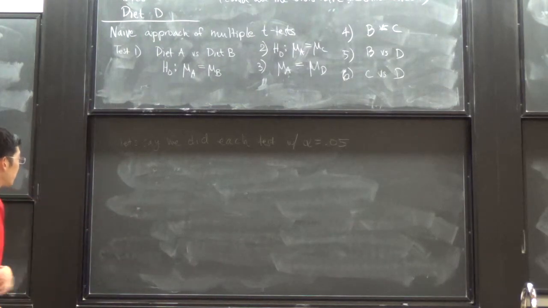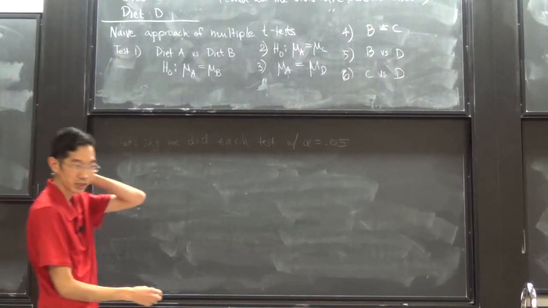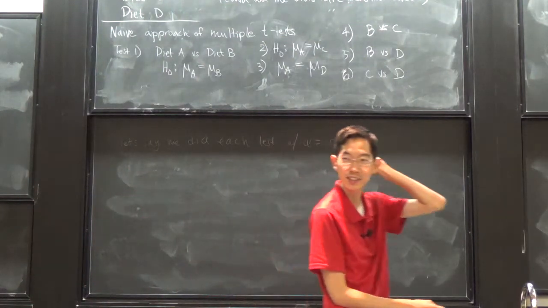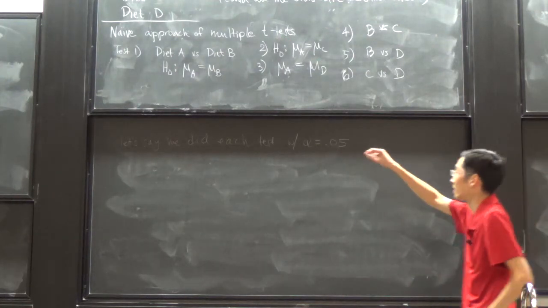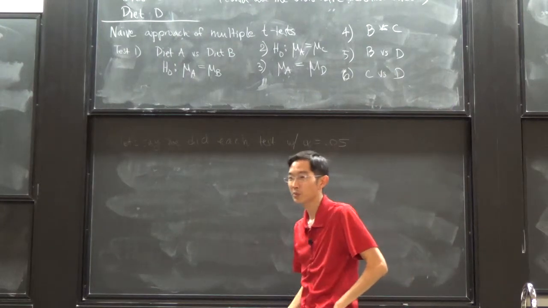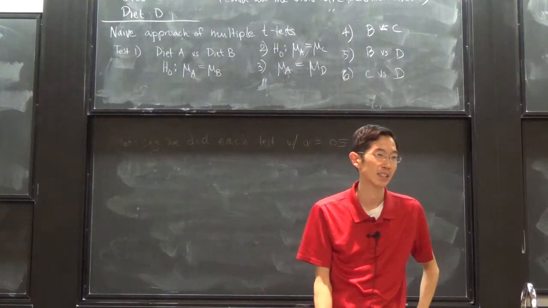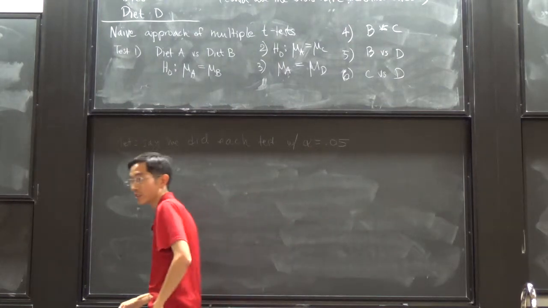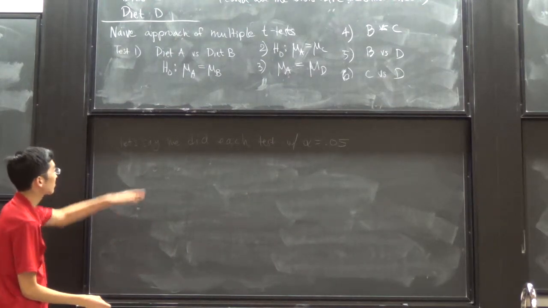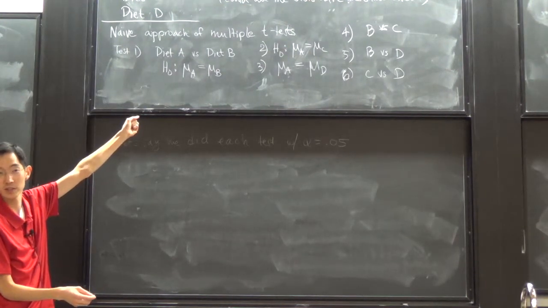What is the probability of a type 1 error when I did test 1? What's a type 1 error again? Rejecting the null when the null is true. Yeah. So what is the probability that we think there's a difference between diet A and diet B when in fact there is no difference? There's a 5% chance that we conclude there's a difference when in fact there is no difference.